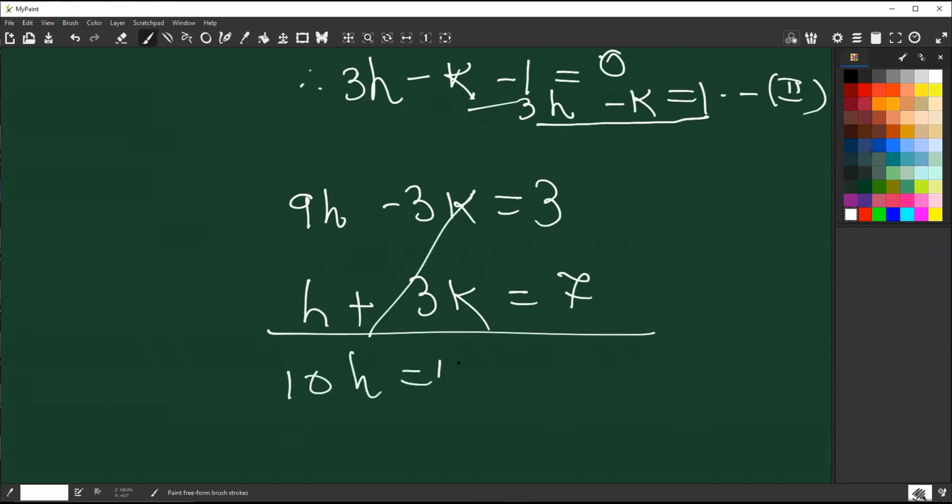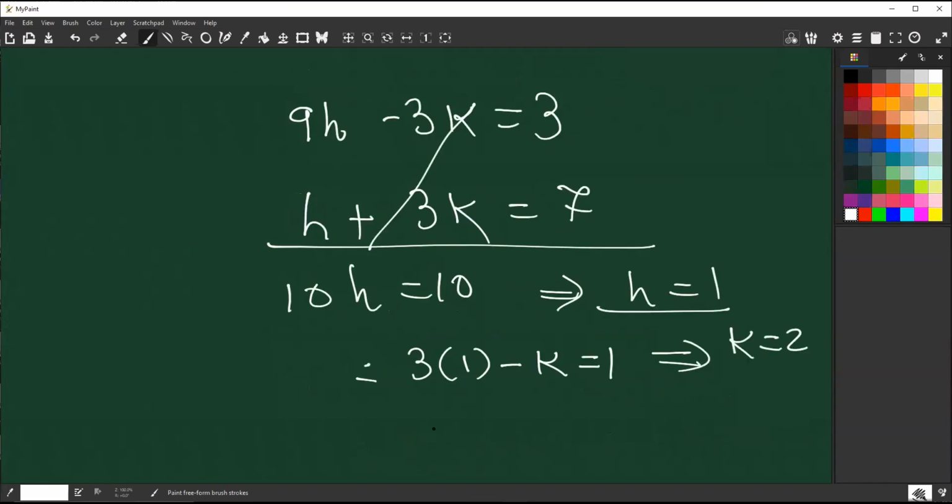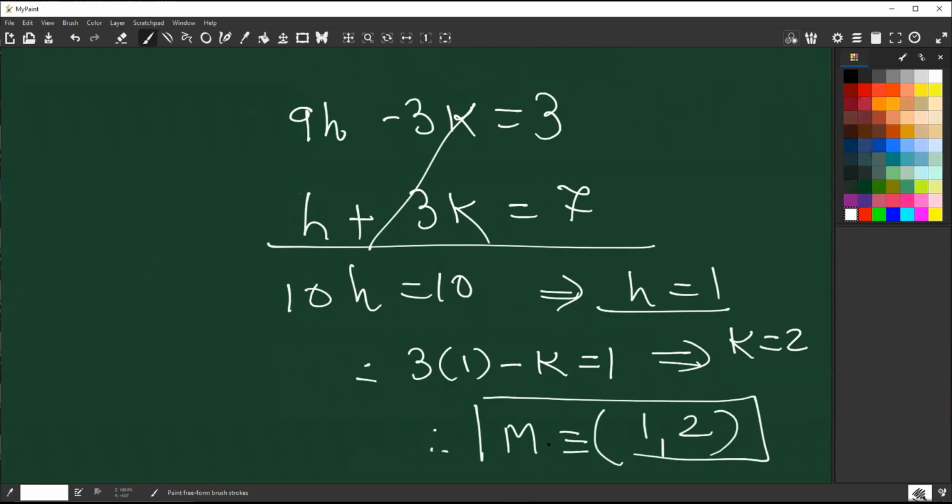You will have 10h is equal to 10 implies h is 1. So abhi substitute karo, h is 1. Therefore 3h minus k is equal to 1 implies k is 2. So coordinates of M, that is foot of the perpendicular, are (1, 2). Is there any doubt? Please understand.